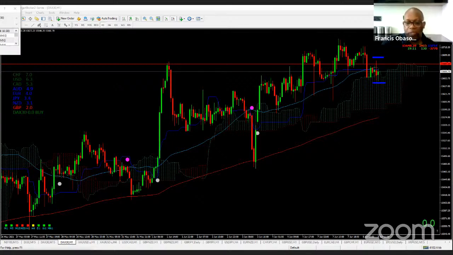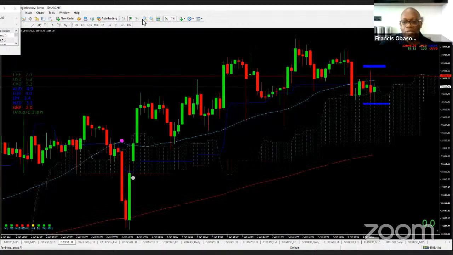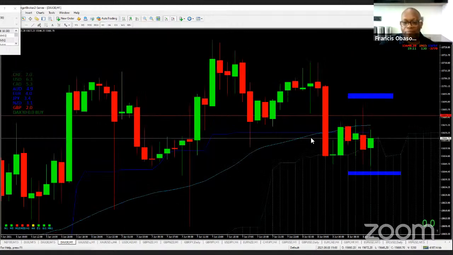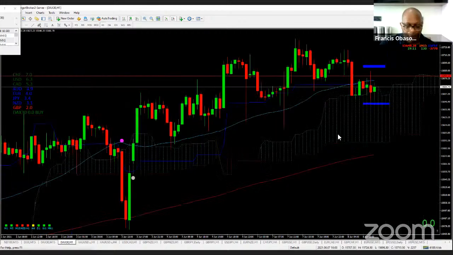It is a strong bullish uptrend, but I believe it's going to be going down for a while before it continues up. That's why I have marked out here.